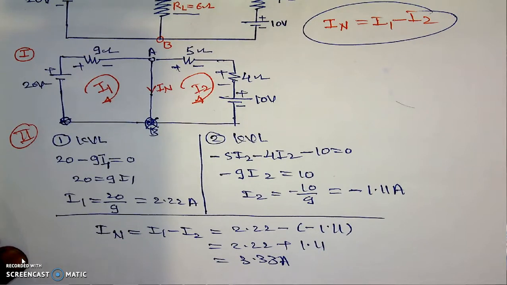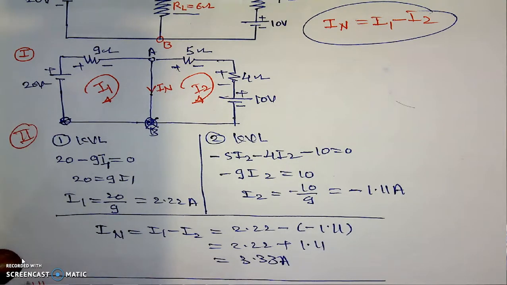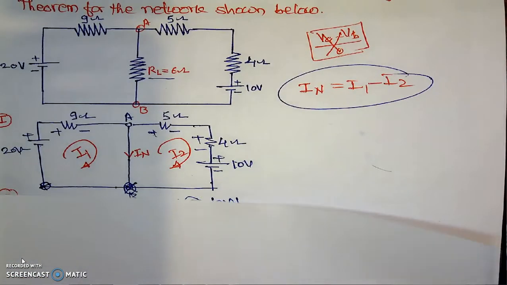Now, if we know the Norton's current, then we can use step number 3 for the calculation of the Norton's resistance.